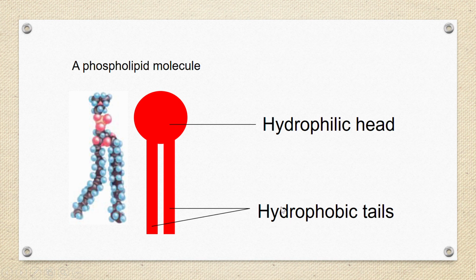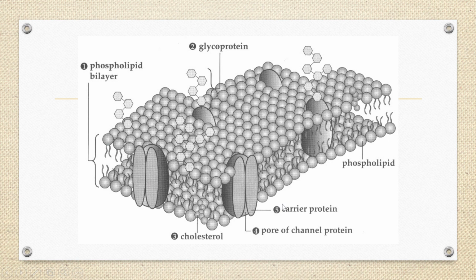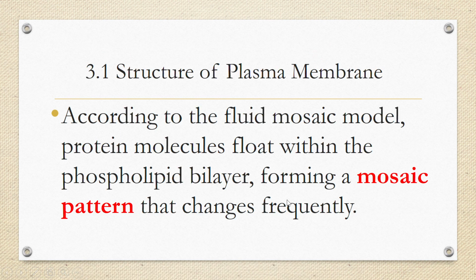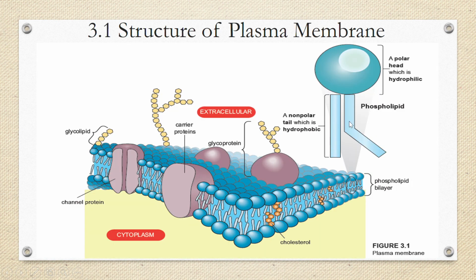Okay, again, go back to the structure, and you get to see how they are arranged to each other. The head is hydrophilic, the tail is hydrophobic. And they are arranged in this manner, double layer. So it is a double layer of phospholipid, or in other words, a phospholipid bilayer.